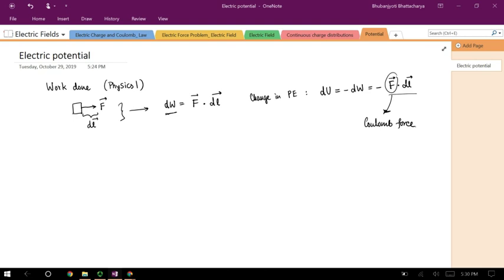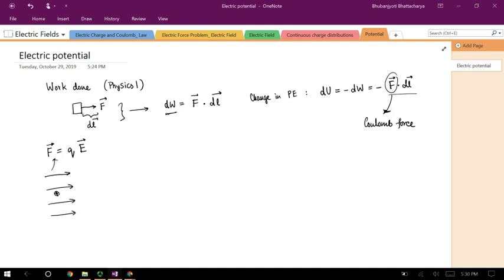So if I think about the Coulomb force, I can simply write F equals Q times E: the force on a charge is the amount of charge multiplied by the electric field. If I have an electric field in some region and I put a charge plus Q over here, then that charge will face this much force.